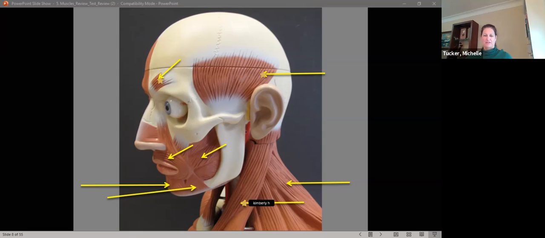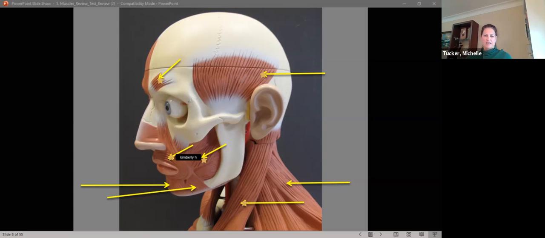Yep, that one's sternocleidomastoid down here. Then we are going to compress our cheeks with buccinator. Yep, so we have buccinator, and then we have orbicularis oris, which will close our lips.